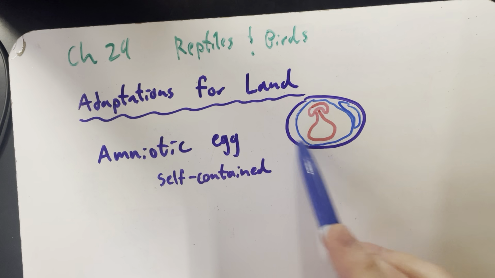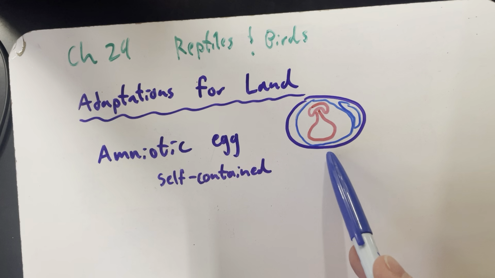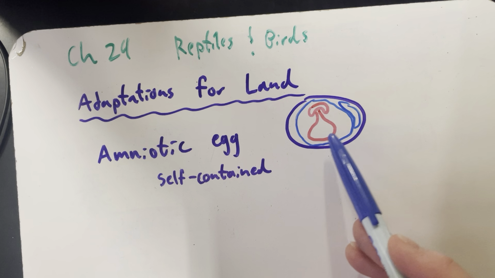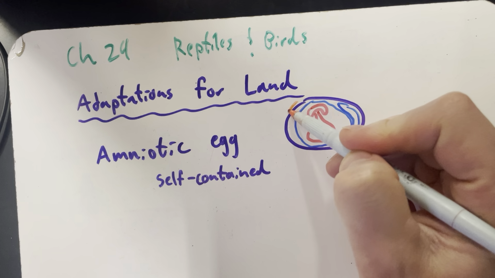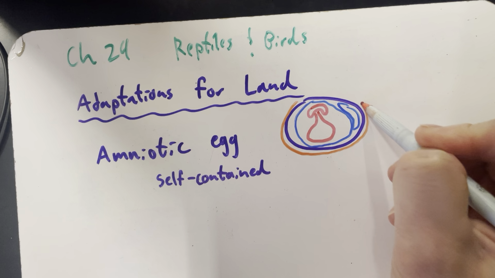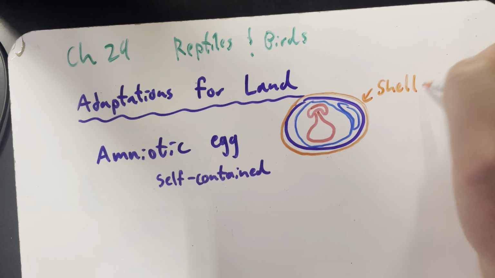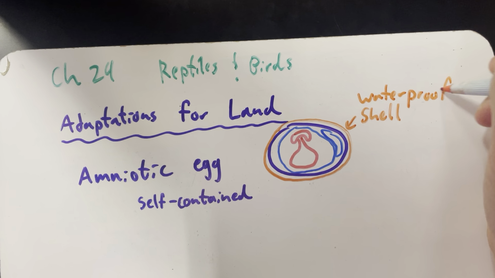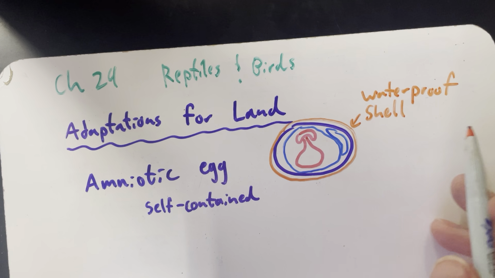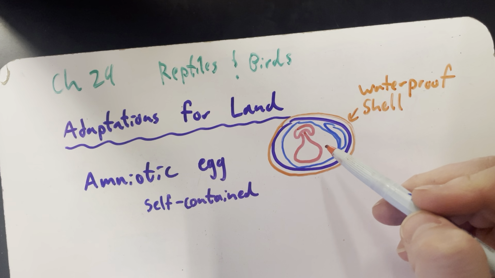But the point is that the developing chick, like a bird chick or reptile chick, reptiles, do they have chicks? Babies. Can develop inside this egg. Most of the time, it even has a waterproof shell, which isn't about preventing water from getting in, it's about preventing water from getting out.